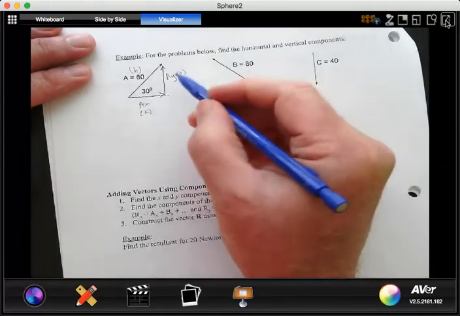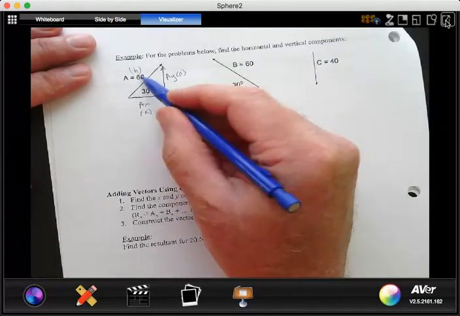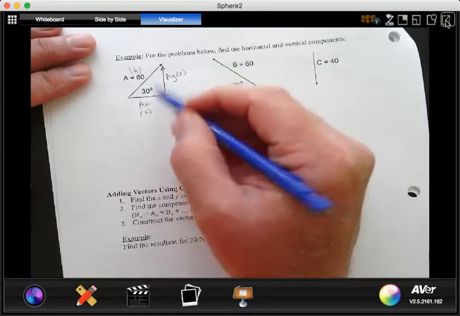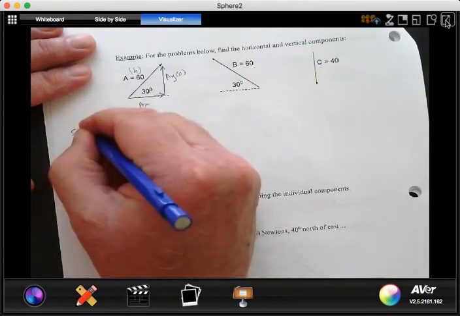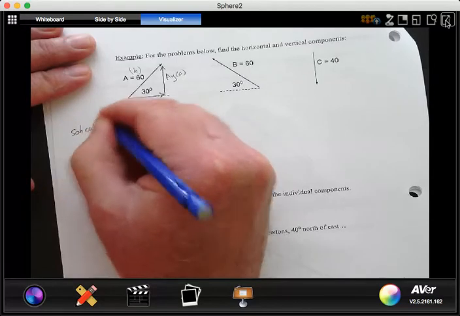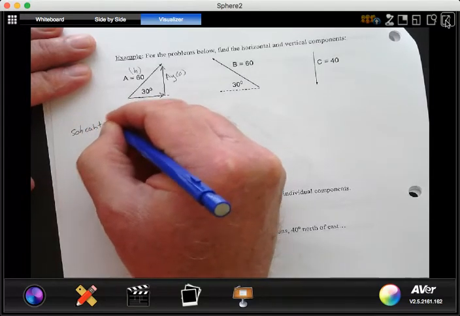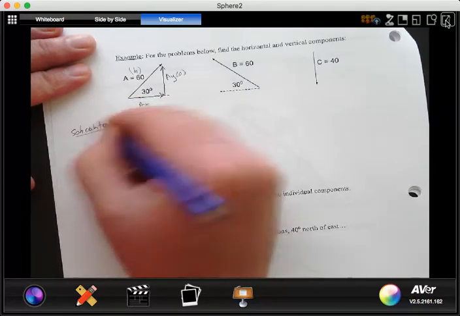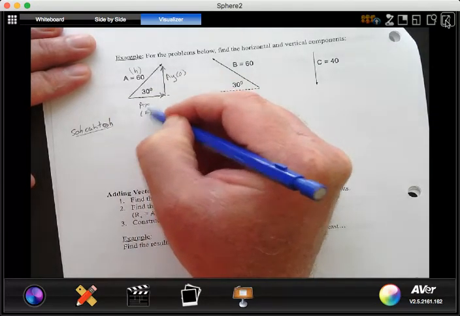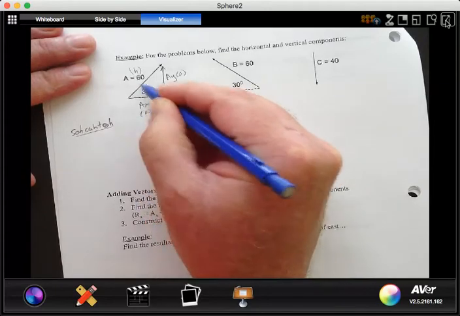It's kind of backwards from what we were doing before. Before we had these two sides and we wanted to find the hypotenuse. This time we have the hypotenuse, and we want to find those two sides. So again, if your trig is rusty and you have to write down SOHCAHTOA every time, it's okay. If I'm trying to find AX, that's the adjacent side, and my given is the hypotenuse.